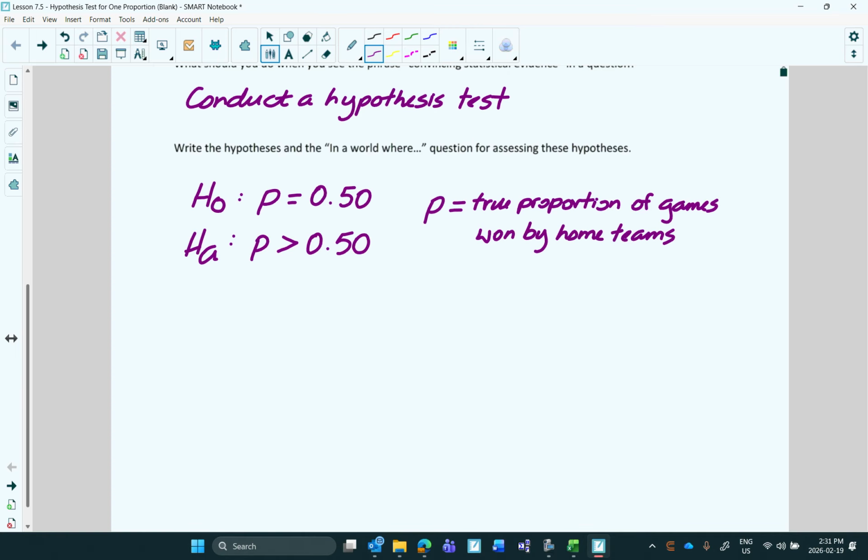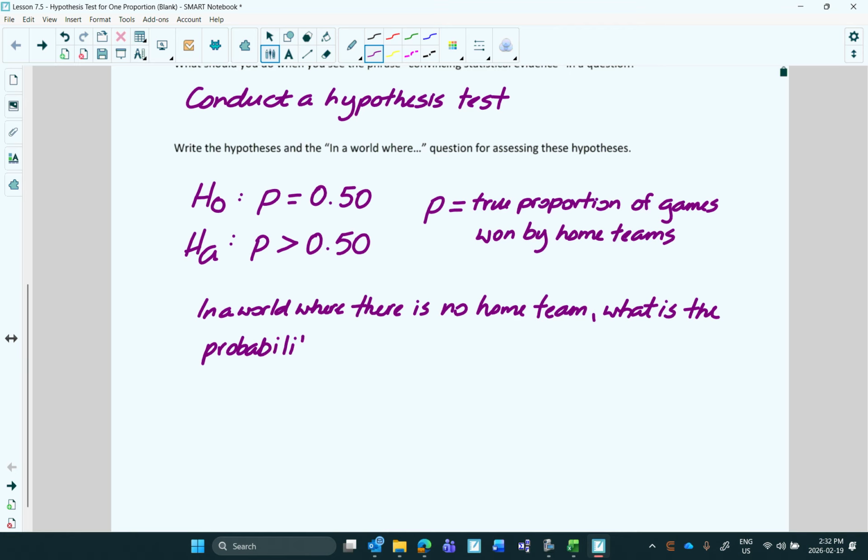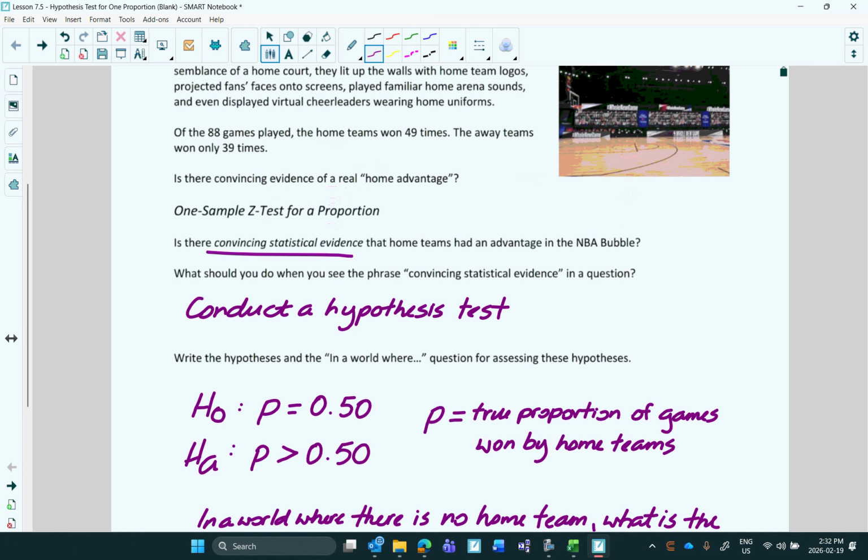And so what we are basically testing, the question we are trying to answer, and we often use the phrase in a world where there's no home court advantage, or home team advantage, where there is no home team advantage, what is the probability the home teams won, and remember, they won 49 out of 88 games played.